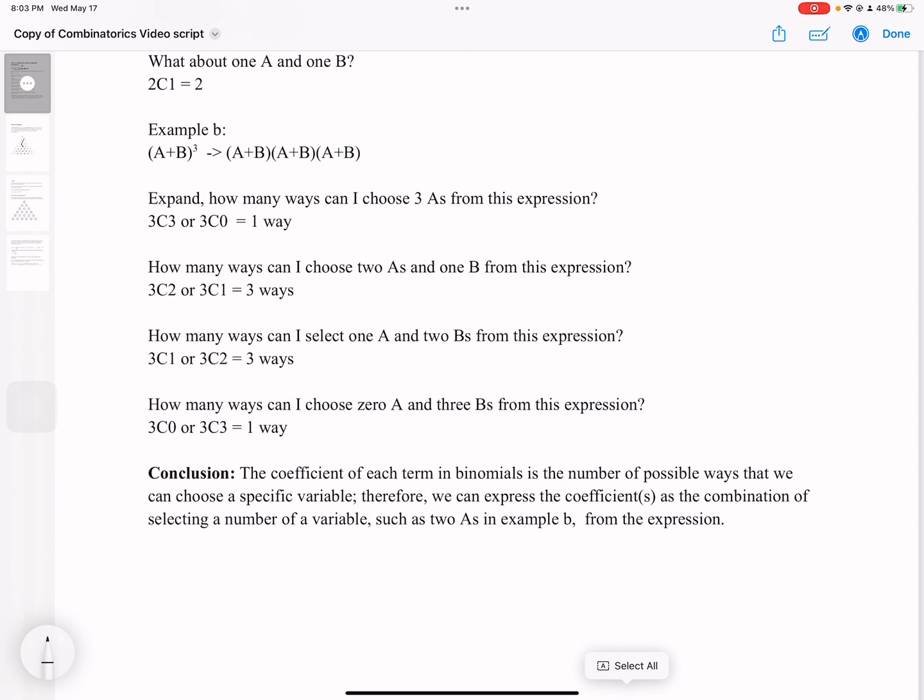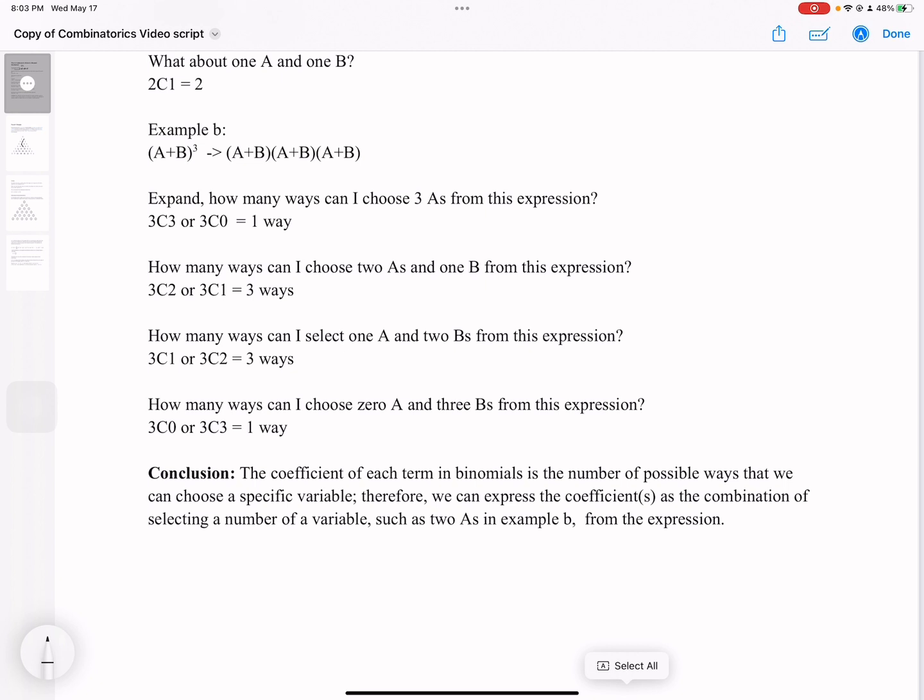While we are expanding this binomial, how can I choose 3 a's from this expression, which consists of 3 a's and 3 b's? That's indeed 3C3 or 3C0, which is one way. And how many ways can I choose 2 a's and 1 b? That's either 3C2 or 3C1, which is three ways.